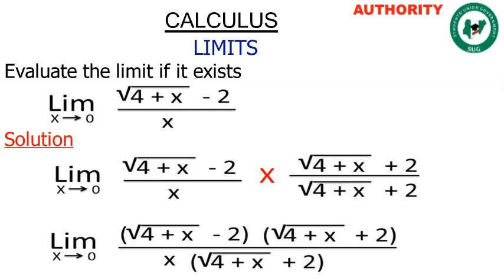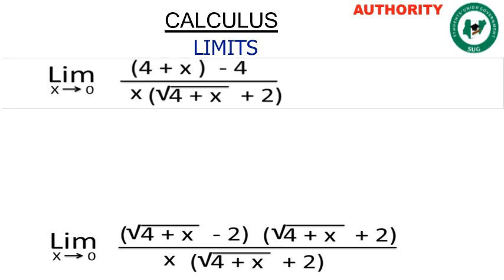So that means we are going to have lim as x approaches 0, and when you multiply the numerator, you are going to arrive at 4 plus x minus 4, all over x, open bracket, square root of 4 plus x plus 2.